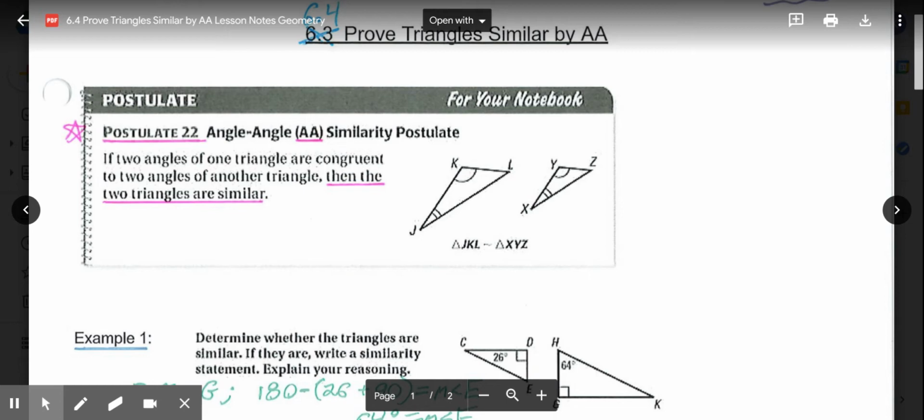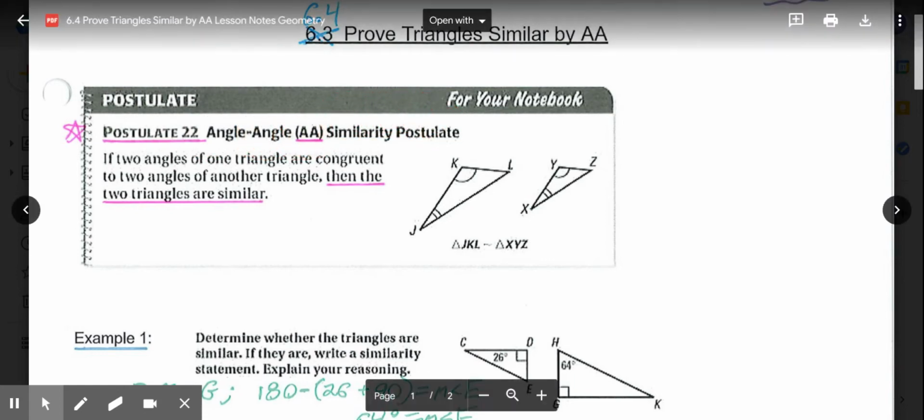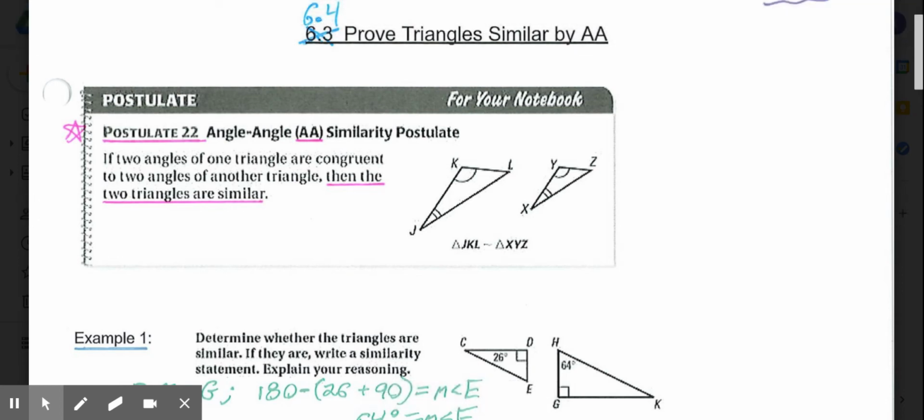Our postulate for this lesson, postulate 22, is known as the angle or AA similarity postulate. What that postulate states is if two angles of one triangle are congruent to two angles of another triangle, then those two triangles are similar.